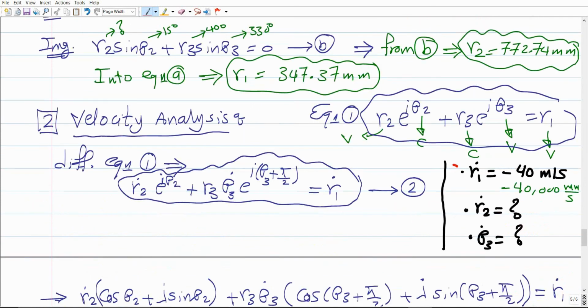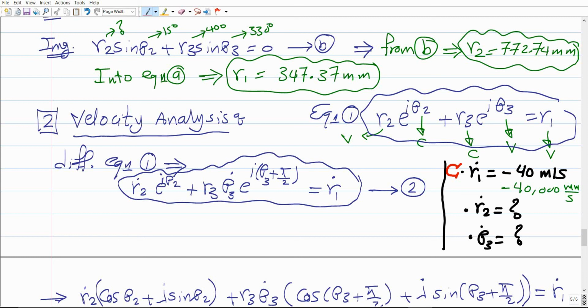So you can add C next to it, indicating that it is constant. But how about R2 dot and theta 3 dot? I have no clue whether they are constant or variable. For R1 dot to be constant does not necessarily make R2 dot or theta 3 dot constant as well.